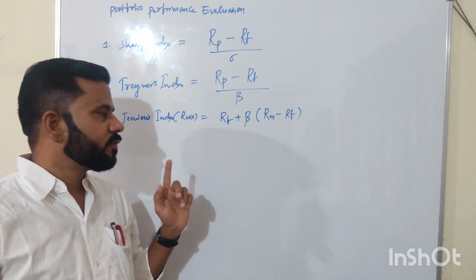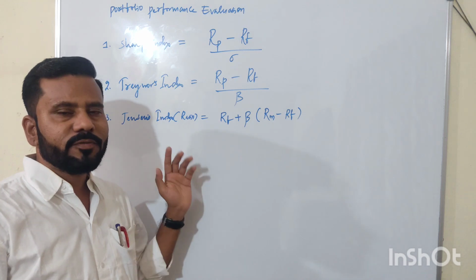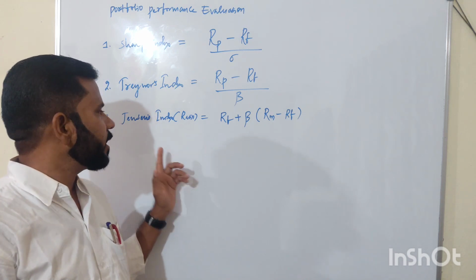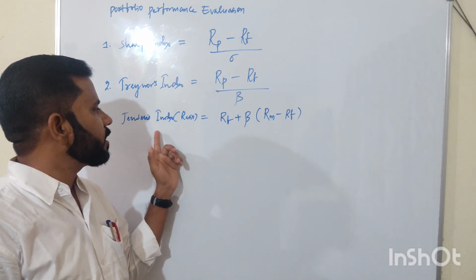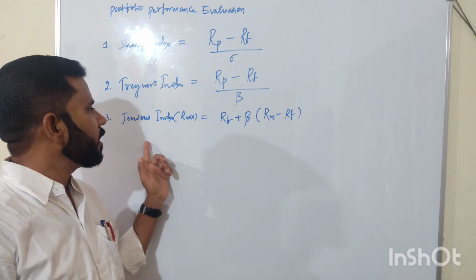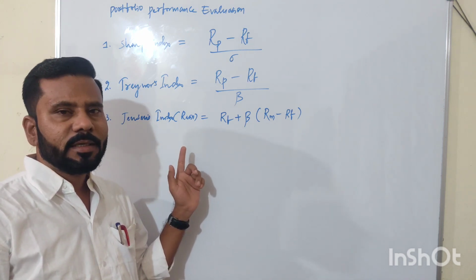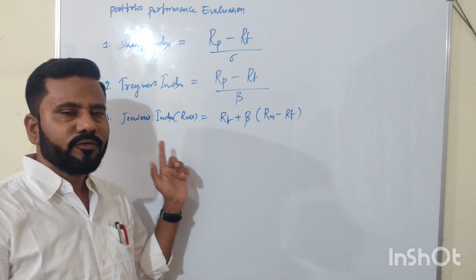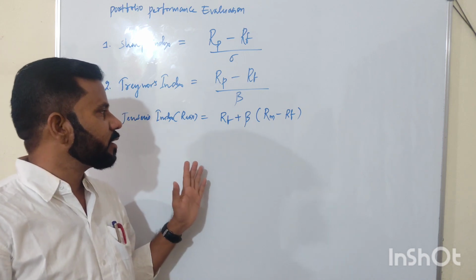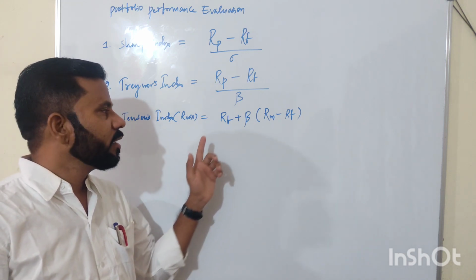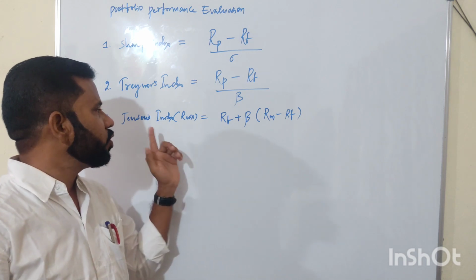Suppose there is a question in your examination: find out Jensen's ratio, find out Jensen's index. Which formula do you have to use?